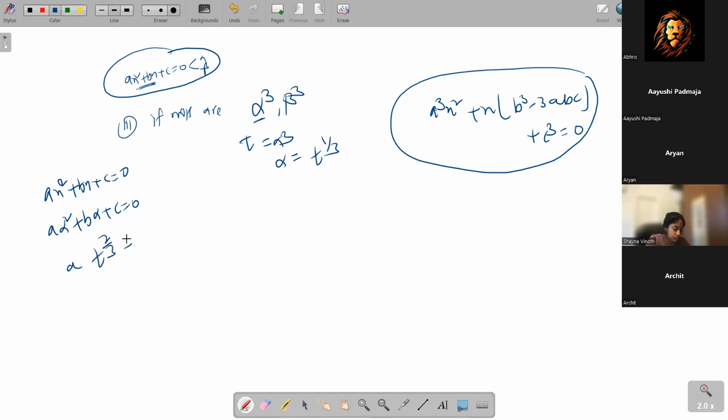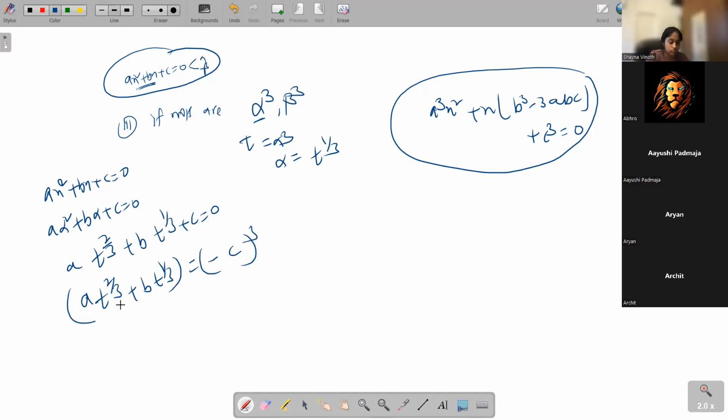So a t raised to 2 by 3 plus b t raised to 1 by 3 plus c equal to 0. Now we'll simply take c to this side and then take cube.